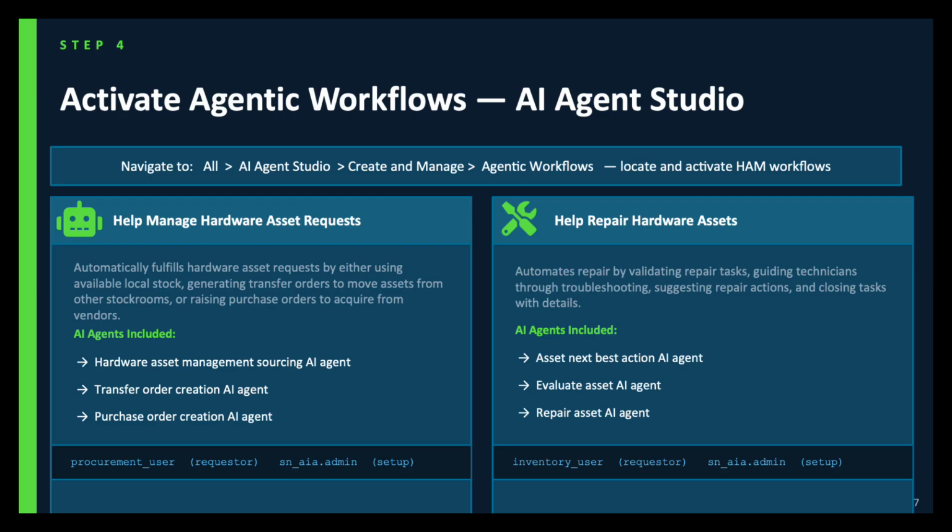It suggests the fix, and it actually closes the task, and it fills in the detail that you provided as you're going through the troubleshooting and the fixing of it. There are 3 agents in this workflow as well: the best action agent, the evaluate agent, and the repair asset agent. These are the agents along with that agentic workflow.